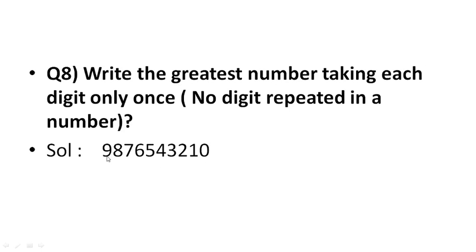Here you see on the left place we have put the greatest value, that is 9, 8, 7, 6 and 5, 4, 3, 2, 1, 0. In this way we have to write the greatest number taking each digit only once. Now no digit is left, so now this number is completed. We have only 10 digits from 0 to 9.